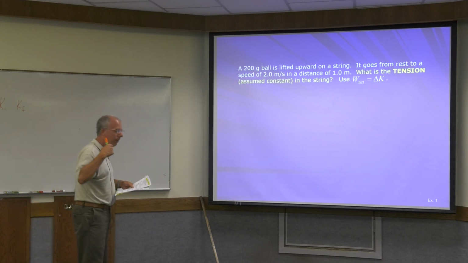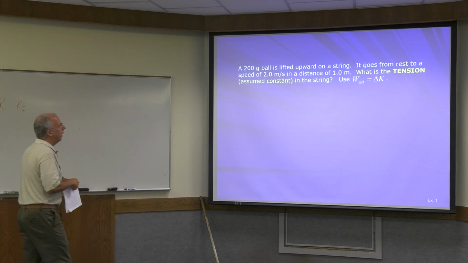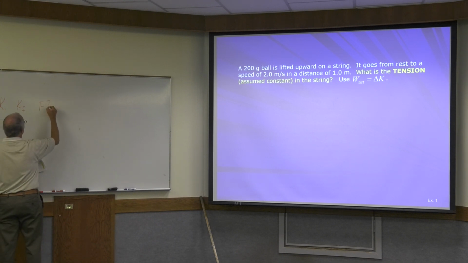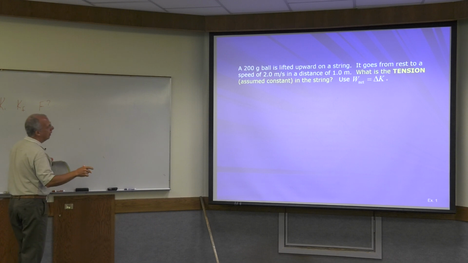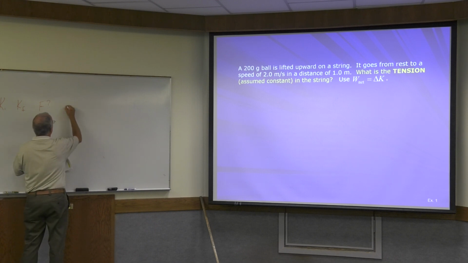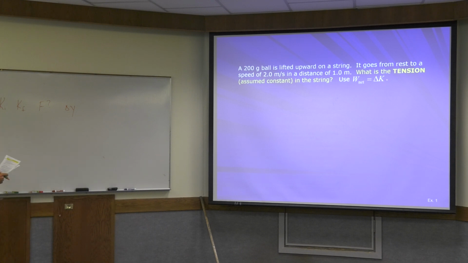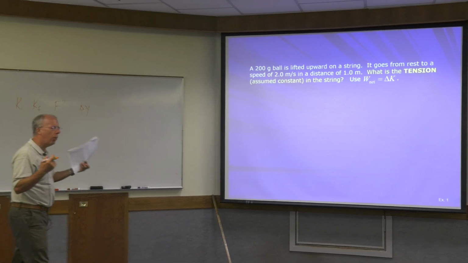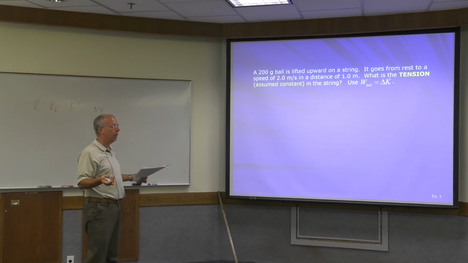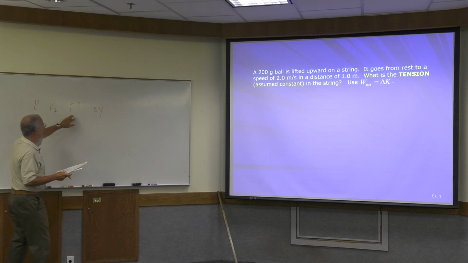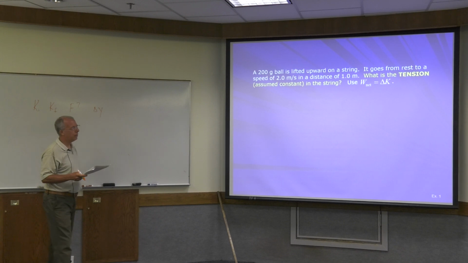Initial K, final K. We want to know a force, and we know there's some displacement, like a delta x or delta y. So what equation or principle has delta K, a force, and a displacement?